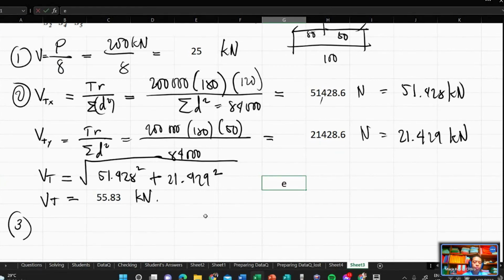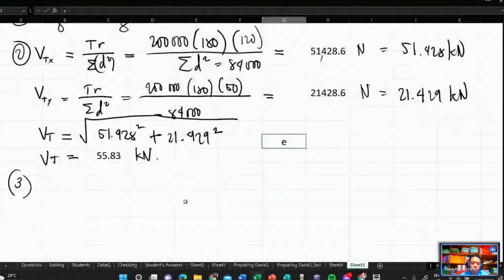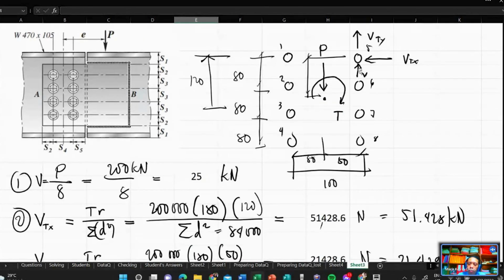Number 3, calculate the critical bolt load. Take note that in solving for the force you have to include the direct shear V of 25. Here, 25 is upward and your VTY is also upward, so you have to add those two.